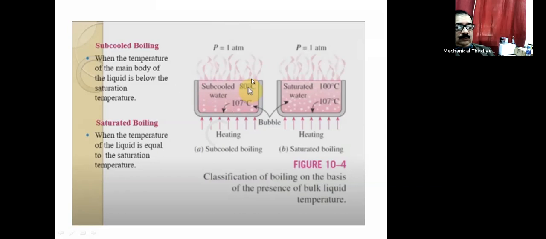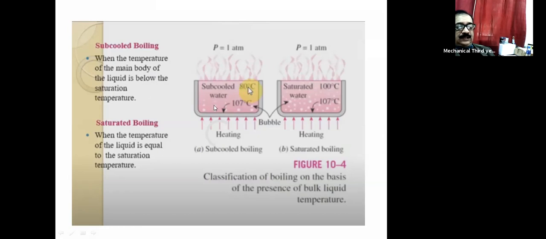Now, if the water is at room temperature, then what will happen? Gradually it will try to accept the heat, and thereby its temperature will increase. Now, what is this subcooled? When the temperature is below the saturation temperature.